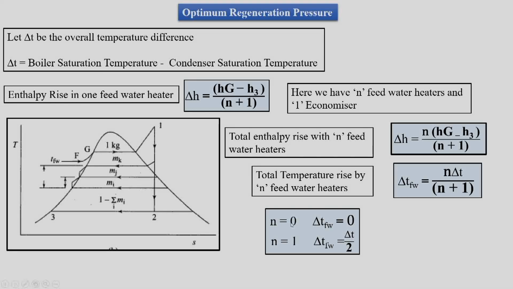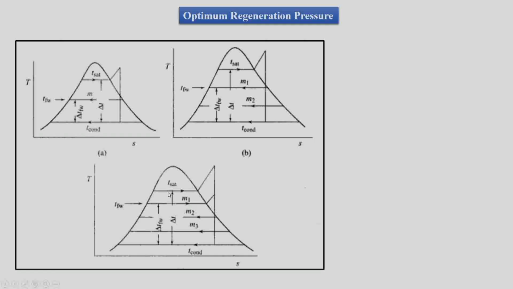So, now if we have 0 feed water heaters, then we have 0 temperature rise. If we have 1 feed water heater, then it is delta T by 2. So, in the same manner, if this is the temperature difference between the boiler and the condenser saturation temperatures, then we will install the feed water heater here, which is delta T by 2.